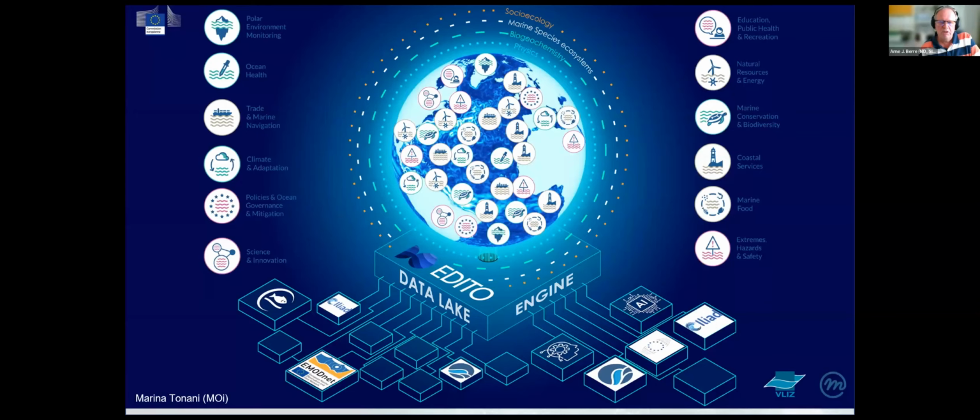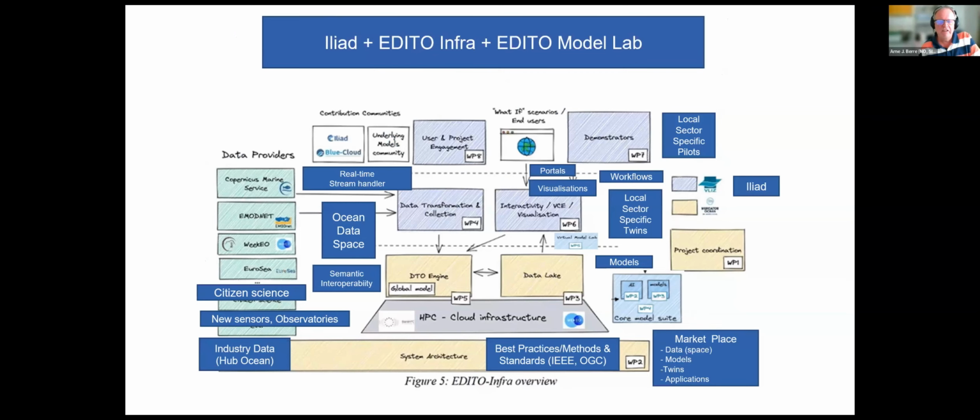One of these twins typically being the large DITO European Digital Twin of the Ocean, which is focusing on bringing all of this data into a data lake and also bringing the various models into the engine so it all can support optimized usage, at least when we have the large need of data and large data sets that needs to be connected together. So we're now working on interoperability and say the federation between Iliad and Edito and others.